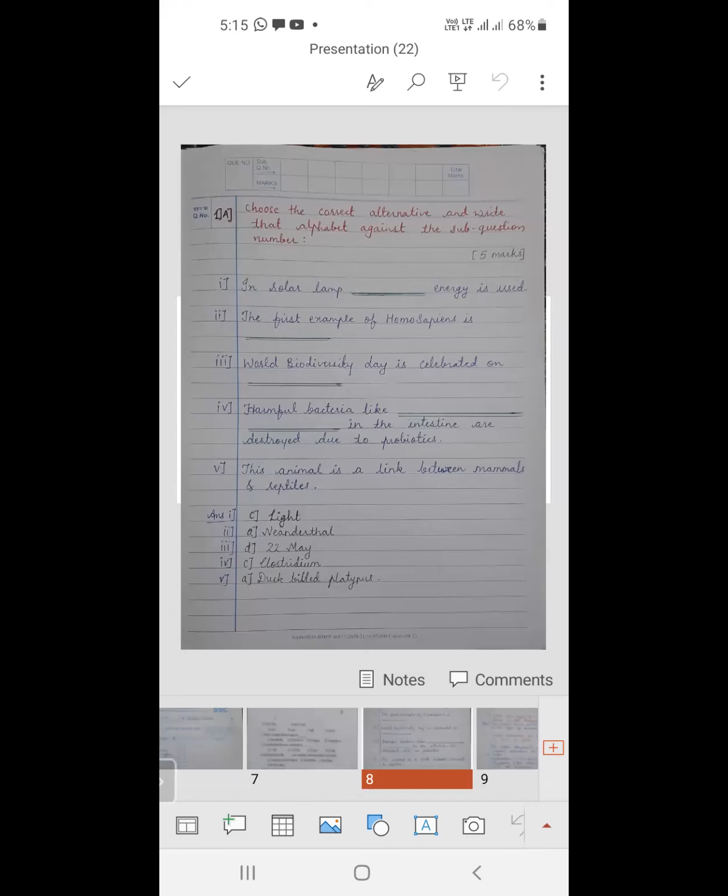The correct option here is A, duck-billed platypus. The duck-billed platypus has some characters of mammals and some characters of reptiles. Both are present in this animal, so it is the connecting link between mammals and reptiles.